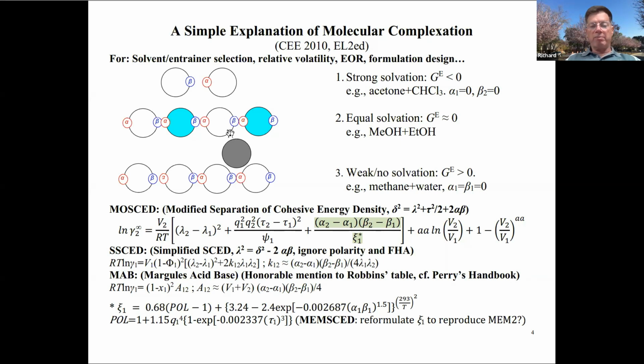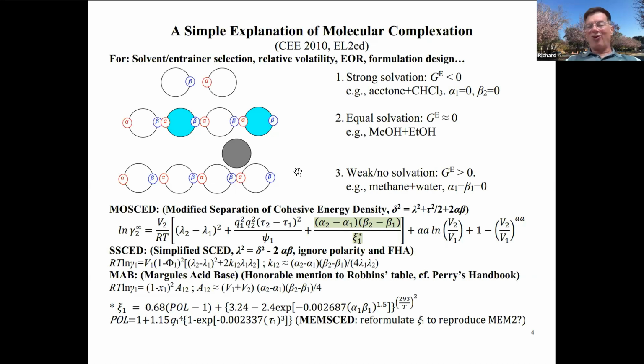But if we mix methane, let's say, with water, and water has very large alpha and beta, so it's self-associating, then alpha 1 is 0, beta 1 is 0, and we get a positive number times a positive number, a very large positive deviation from ideality, and that's exactly what we expect to see with water and oil trying to mix. So this theory of MOSCED gets the sign correct, and that's where the theory ends, okay?